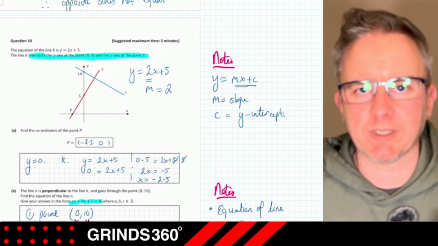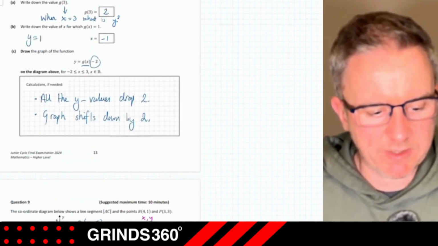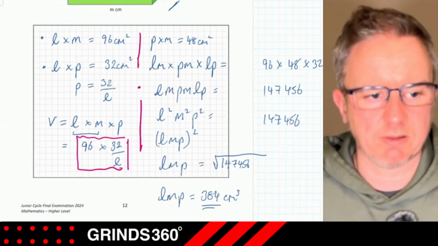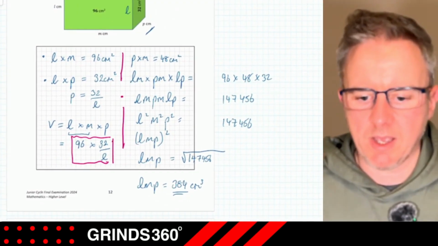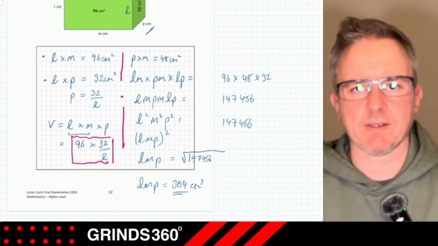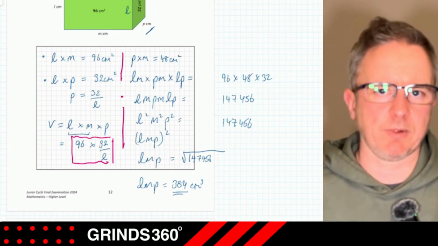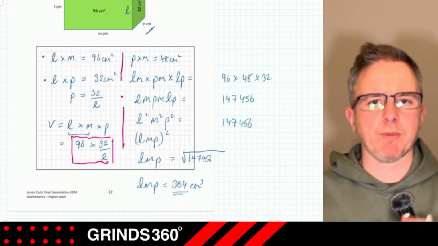And then the one thing that I would really love for you to take away from it is any of those questions that were particularly difficult, okay? So let's take this one here. 5 marks. That was all that was going for it, okay? So we need to be careful that we don't go into the exam and panic and say, I can't do this, I'm getting stuck here, and give up and not write anything.